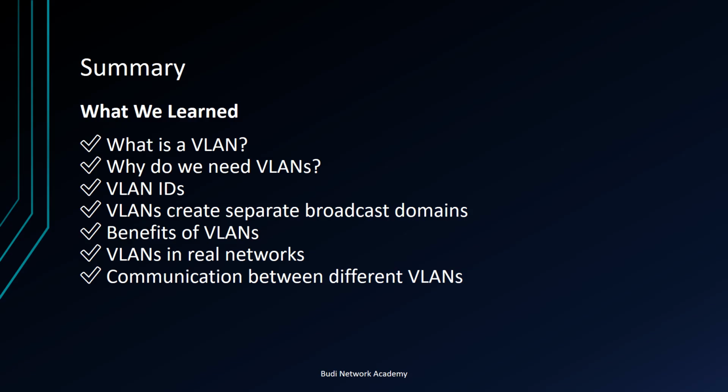VLANs are identified using VLAN IDs. We can use VLANs to improve network segmentation, organization, security, and management. And finally, devices in different VLANs need layer 3 routing to communicate. These are some of the most important concepts to understand before we move into VLAN configuration and routing.